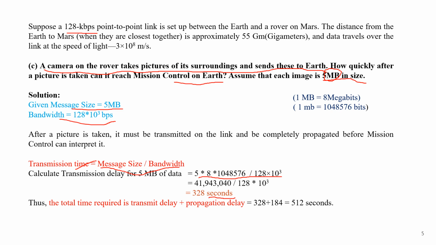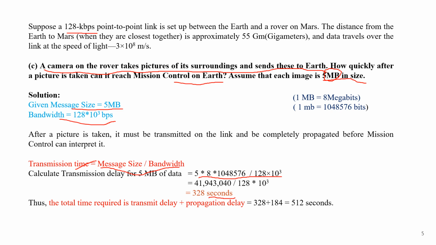As you all know, 1 MB is equal to 8 megabits. So I have converted megabytes to megabits first. 5 into 8, when you multiply this, it becomes megabits now.